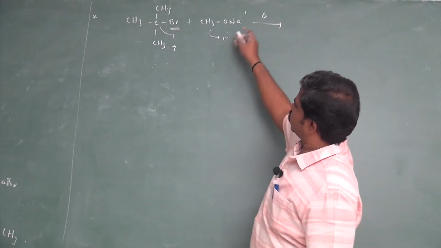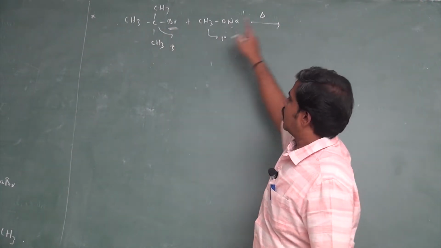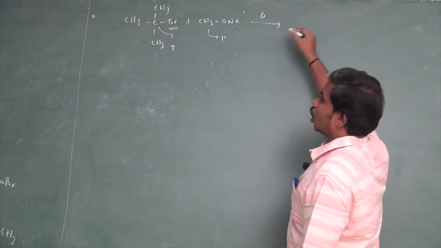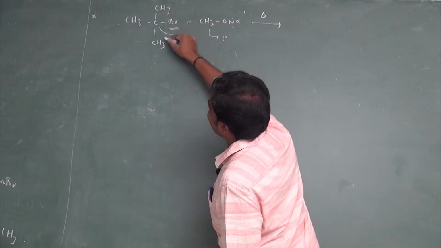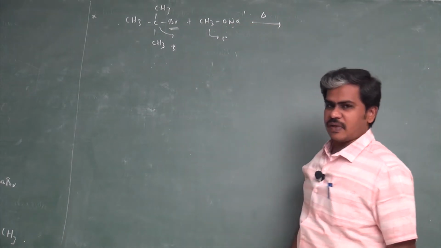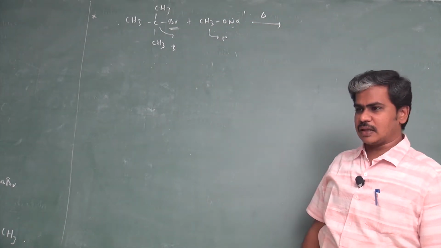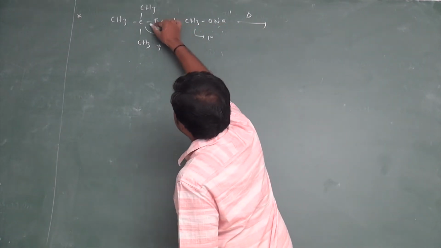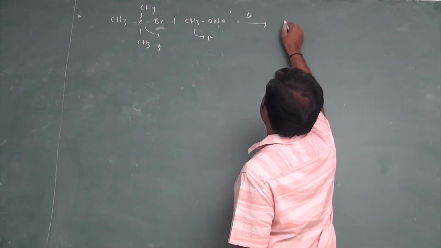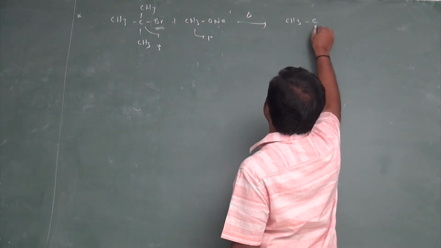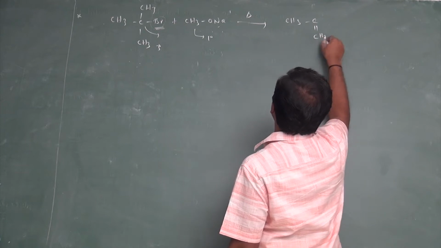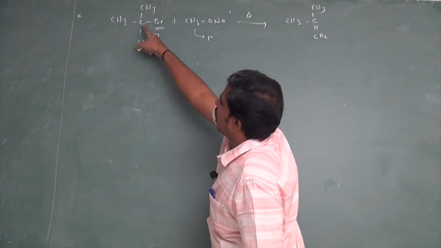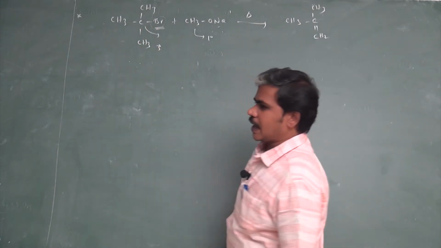And here also we are getting Na and Br, but it is not an ether. Make a note, here we are getting an alkene instead of ether. Here Br is removed, so we get CH3C double bond CH2 and CH3, and H is removed and Br is removed, so we are making a double bond.